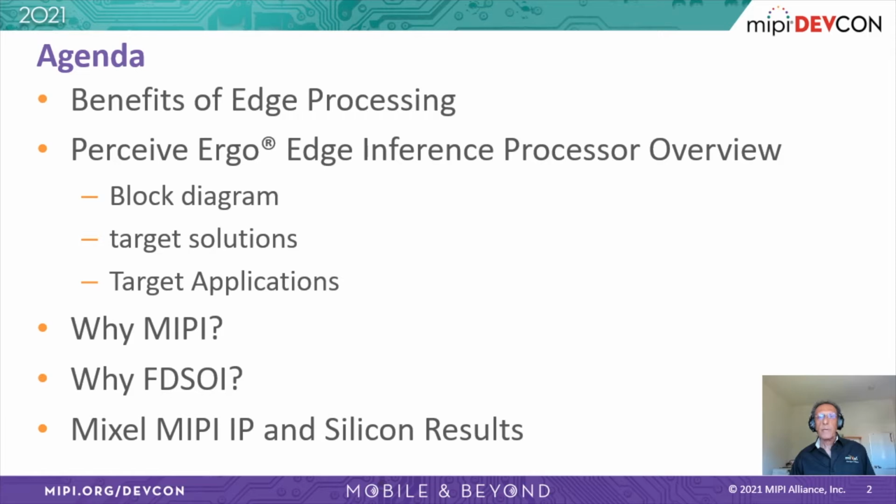We will then cover the problem that Perceive is addressing with this solution and their target applications. Then we will cover why Perceive decided to use MIPI interfaces and why they selected an FDSOI process for their design. We will wrap up with an overview of Mixel MIPI IPs integrated into Perceive's chip and the silicon results.